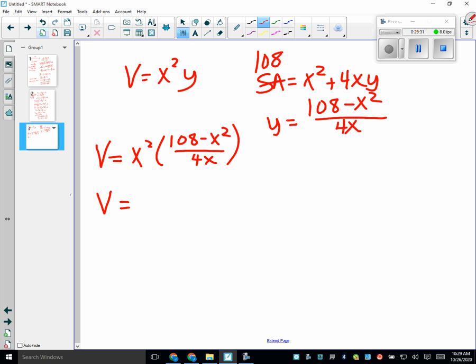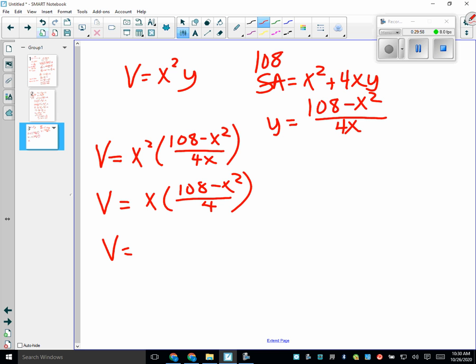How did you get volume is x squared? Isn't it the area of the base times the height? Length times width times height. Yeah, length and width are the same. Well, now it's easy. X times 108 minus x squared over 4, right?